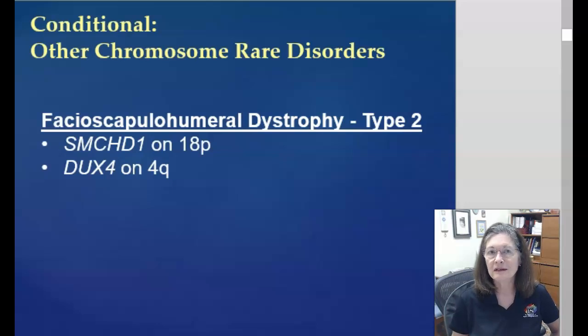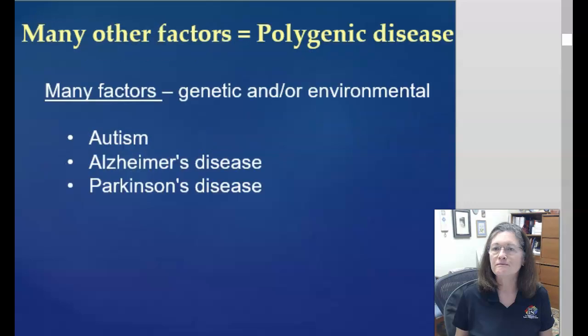In addition, in order to have the disease, you also have to have a certain configuration of the DUX4 gene on 4q. So both of those conditions have to be met before you have the disease, at least as far as we know so far. So that's also a conditional. So there's two types of conditional: the revealed recessive or the two different gene, a non-chromosome 18 gene condition. So those are the conditional.